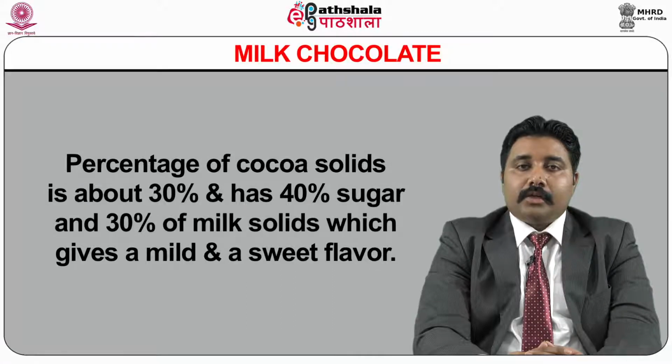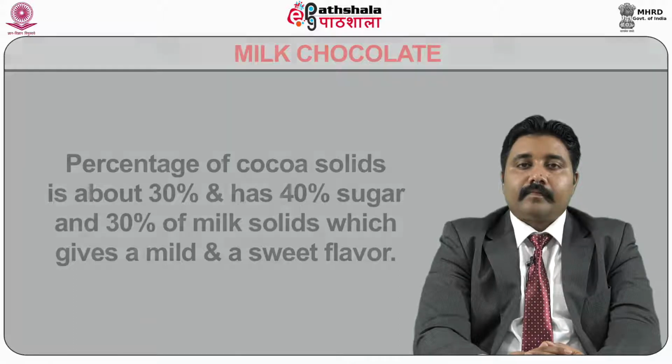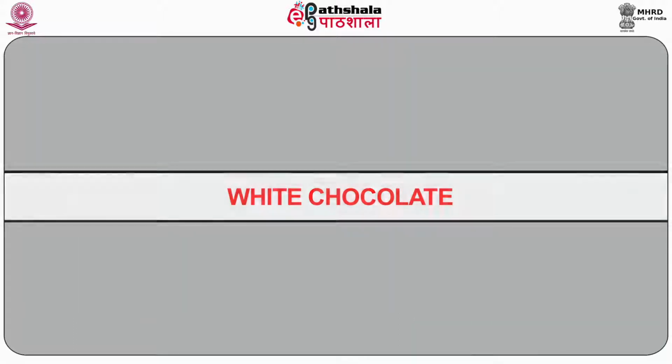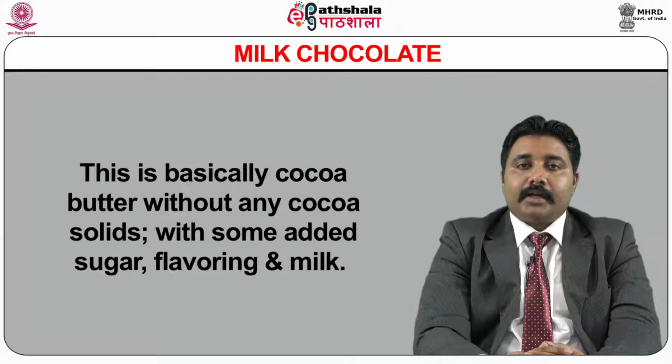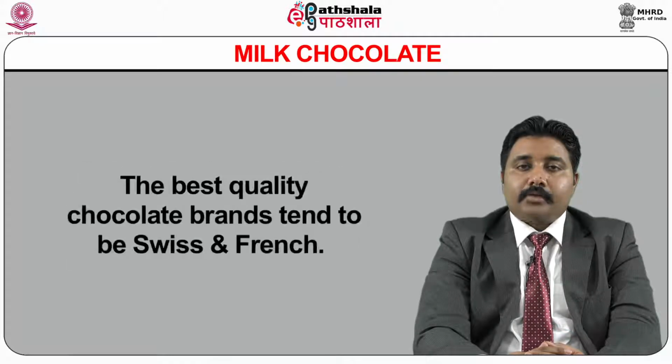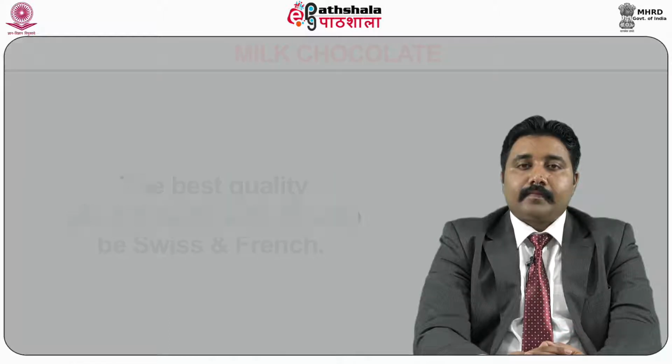Percentage of cocoa solids is about 30%, and it has 40% sugar and 30% of milk solids, which gives a mild and sweet flavor. White chocolate is basically cocoa butter without any cocoa solids, with some added sugar, flavoring and milk. The best quality chocolate brands tend to be Swiss and French.